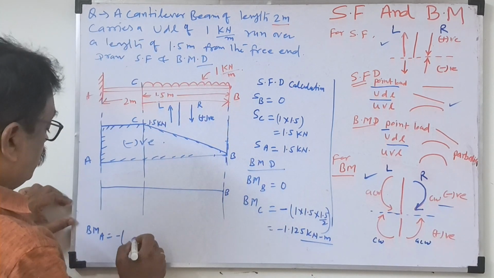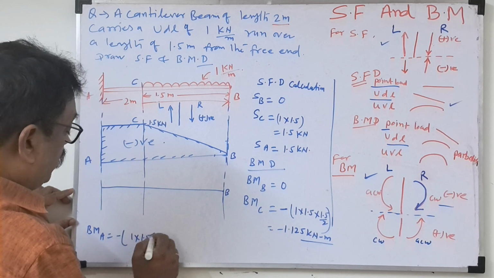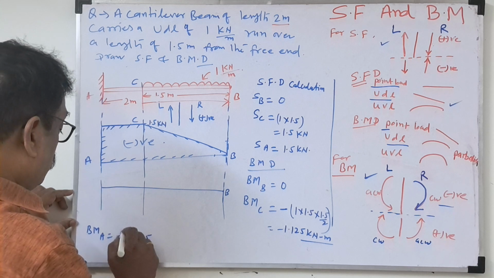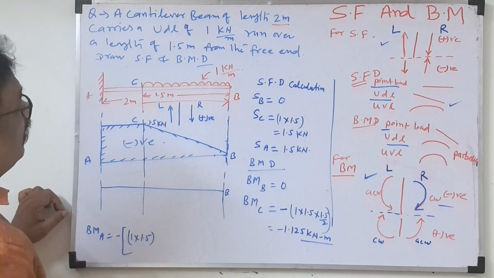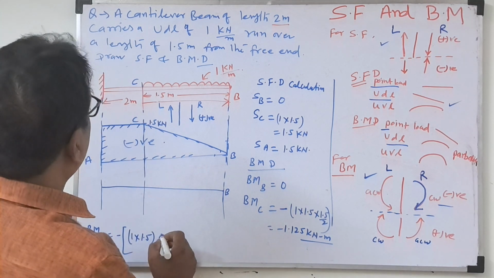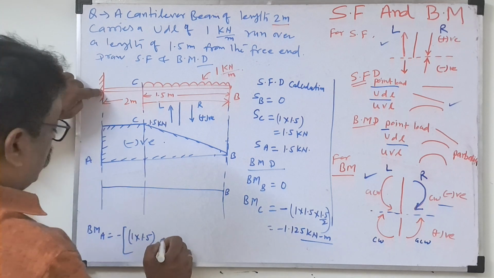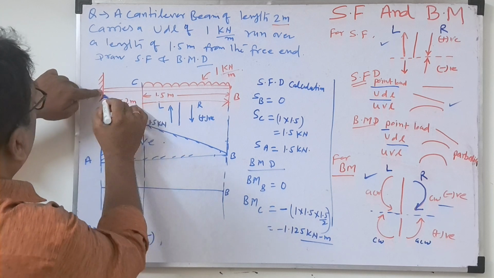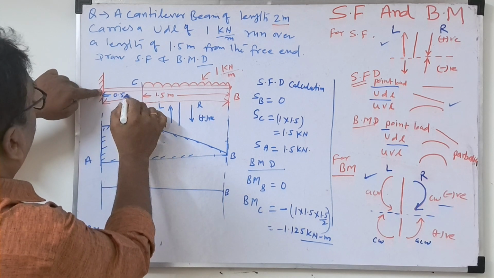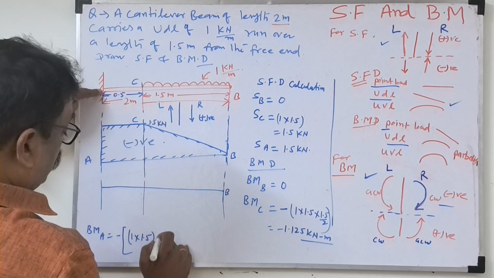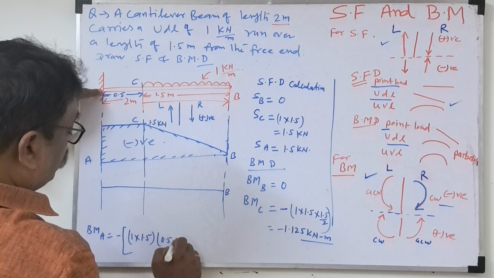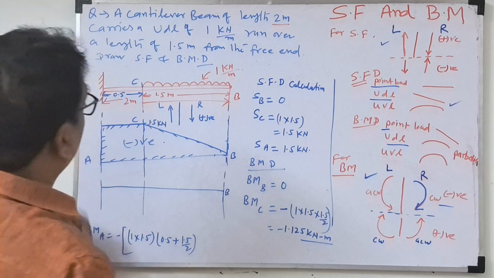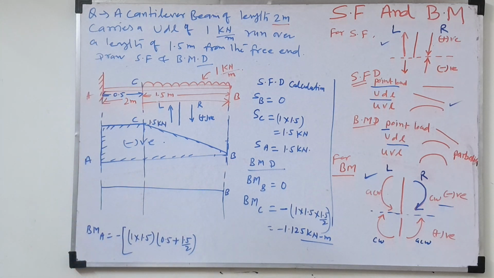Now 1 into 1.5, this is called the load. Then what is the half distance? Because we are taking the moment about here, this distance will be 0.5. So into 0.5 plus 1.5 by 2. This is the moment for this.